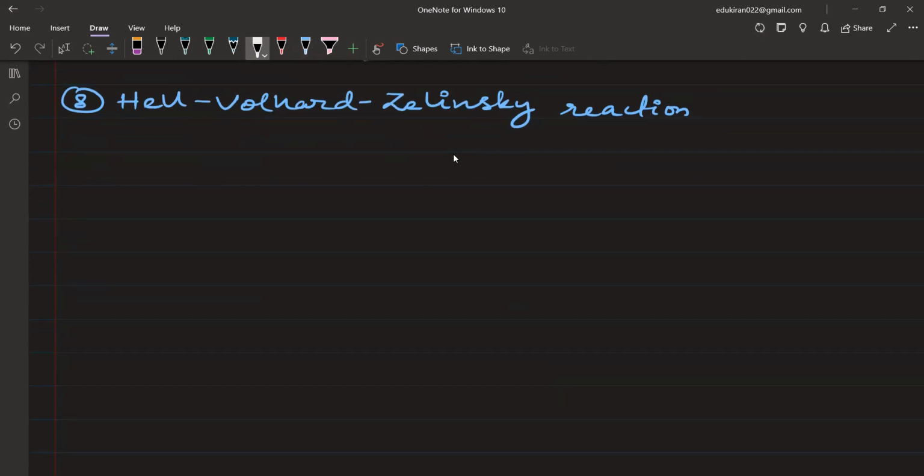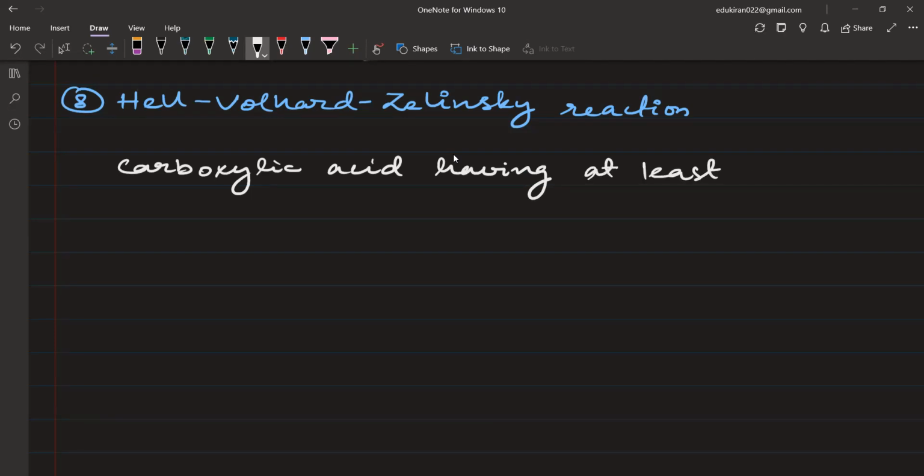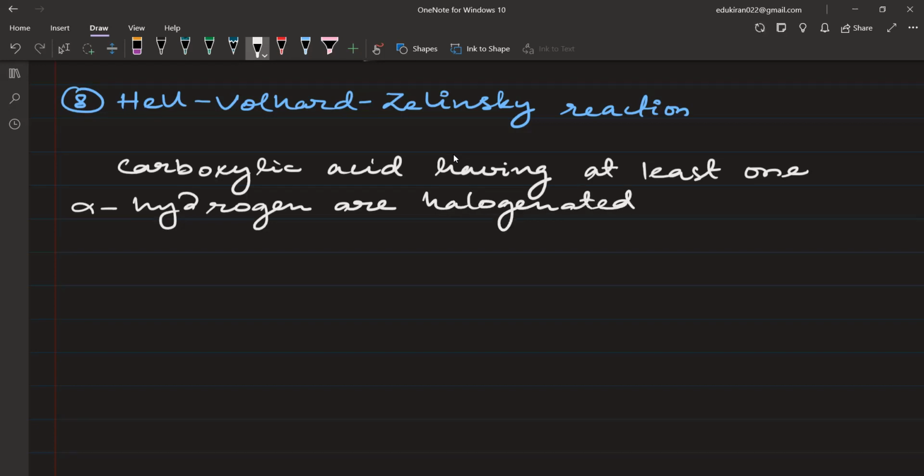Okay, since this is a name reaction, please write carboxylic acid having at least one alpha hydrogen are halogenated at alpha position.